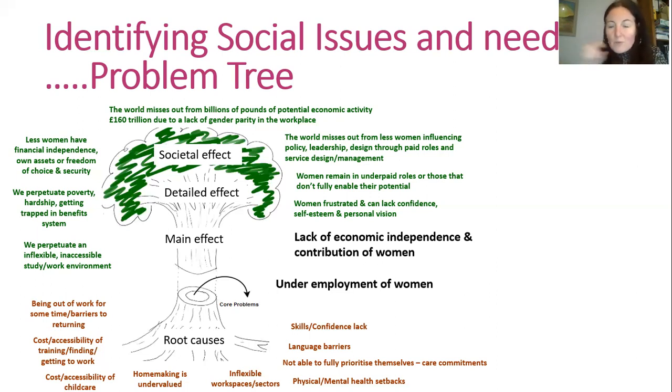Whatever your core problem is that you're tackling, you will then be able to think about, so why is that? How does that come about? What are the root causes for this?